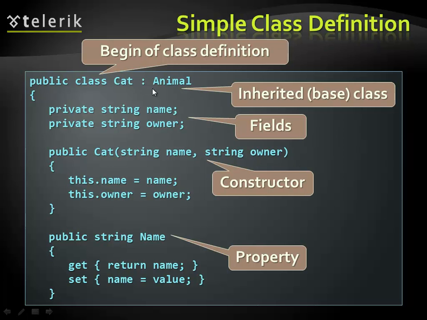So in C# we have only single inheritance. We don't have multiple inheritance at all. We do have other solutions like interfaces, but the classic multiple inheritance is not part of C#.